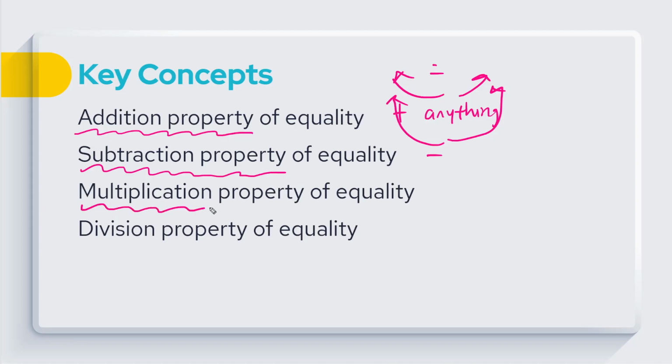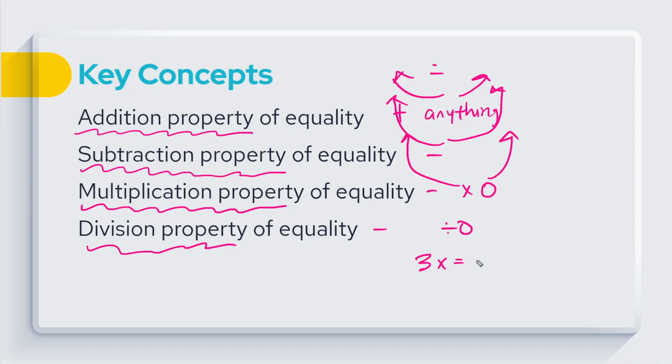The multiplication and division properties are also the same, with one minor caveat. You cannot multiply or divide by 0, but you can multiply or divide by anything else you want, as long as you do it to both sides of the equation. And just to illustrate this point really quickly, if we have an equation like 3x equals 6, and we multiply 0 to both sides, then yes, we do get that 0 equals 0.